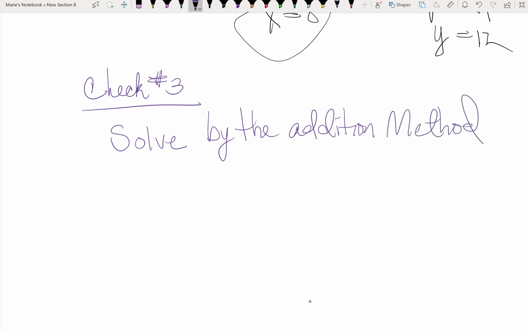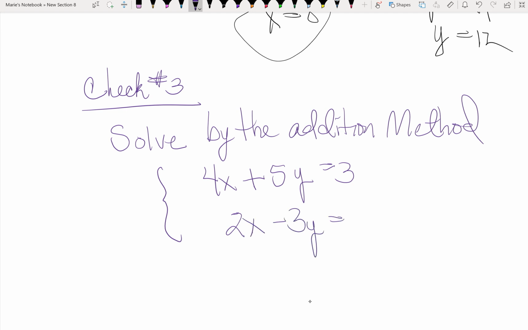All right, and I'm going to give you 4x plus 5y equals 3, 2x minus 3y equals 7. All right, I'll give you a couple of minutes.